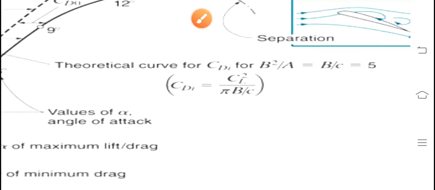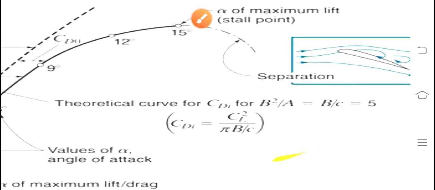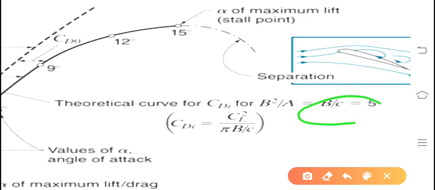Now you can see here alpha maximum lift, that is the stall point. The theoretical curve for CD, for B squared upon S equal to B by C equal to 5. That means the aspect ratio is 5, as I said in the previous slide.